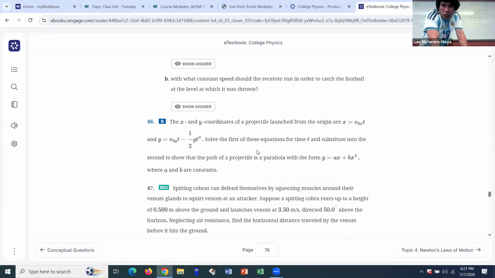They're asking you to find an equation for the path of the projectile. Okay, so why is that important? Because there are some problems where that equation will be very useful.